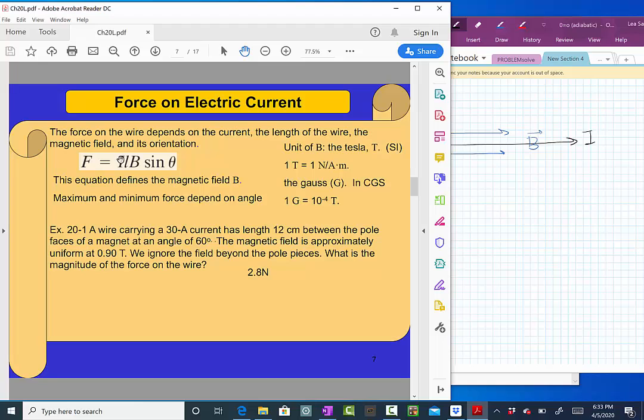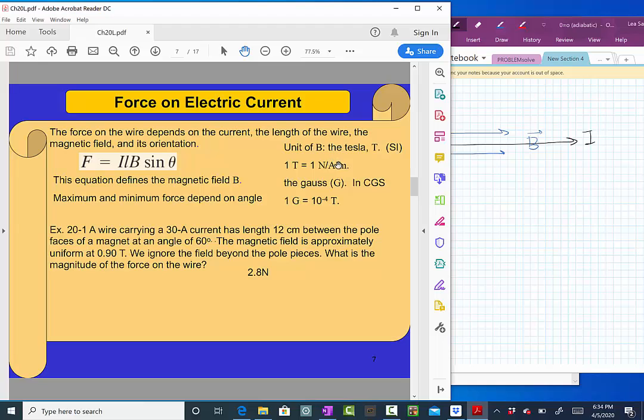We put here the current. If we are thinking about the international system, we put the current in amps, the length in meters, and how about the field? If we are using the international system, what is going to be the unit for the magnetic field? Newton divided by amps, divided by meter. That's what you see here.